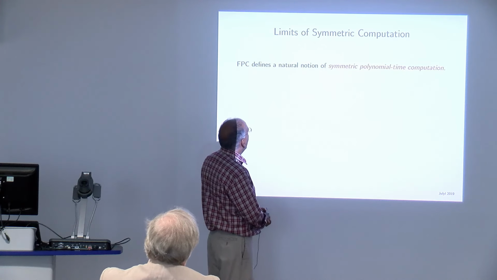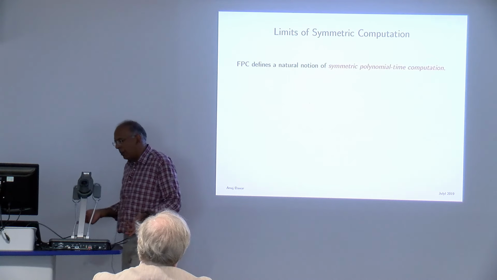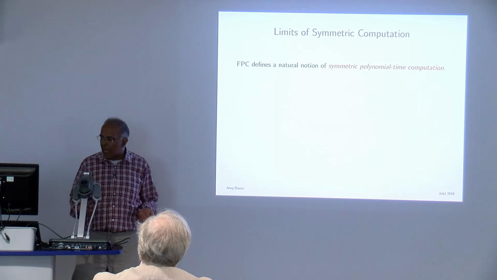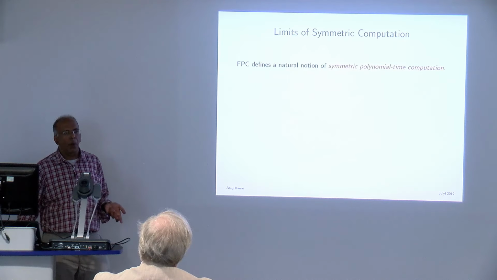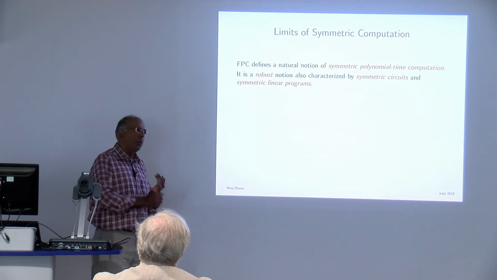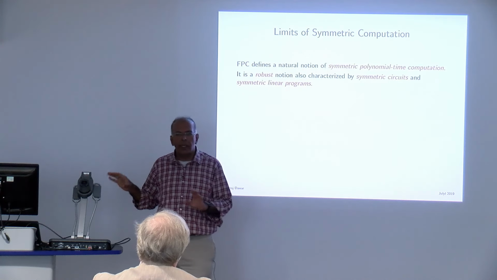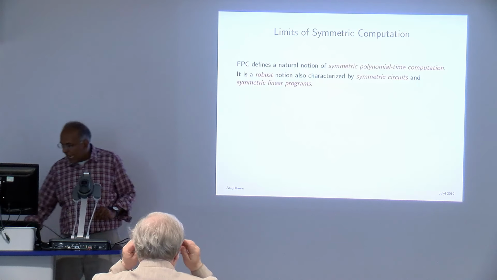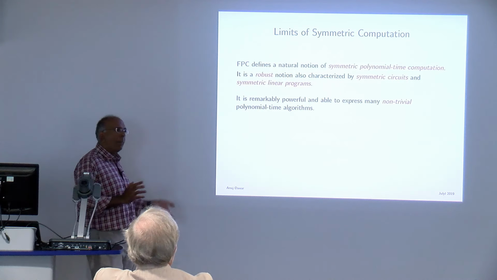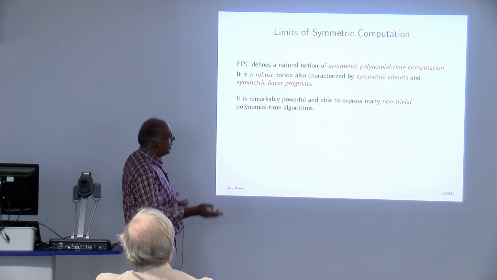The thing I want to say is that we've essentially discovered that FPC, something we studied in the context of logic, defines a very natural notion of symmetric polynomial time computation. It's robust. We can characterize it using symmetric circuits and symmetric linear programs, entirely independently motivated characterizations. It's remarkably powerful on the one hand, right? You can do the ellipsoid method.